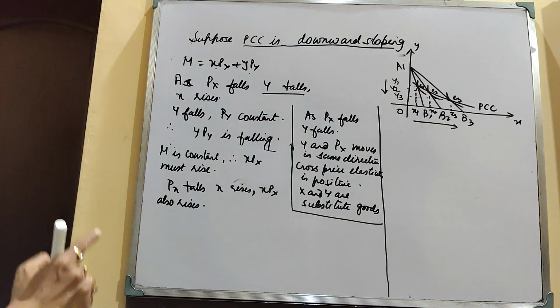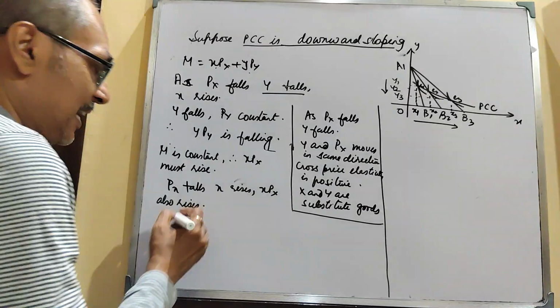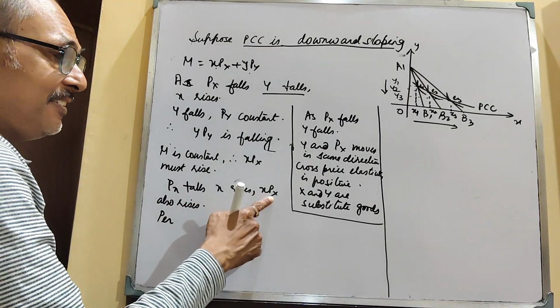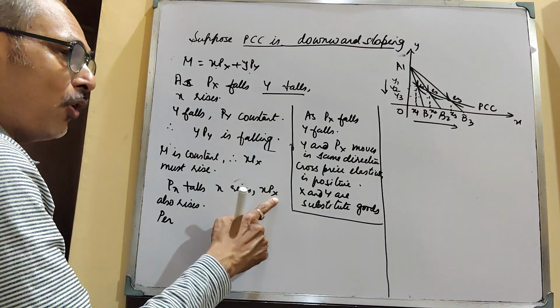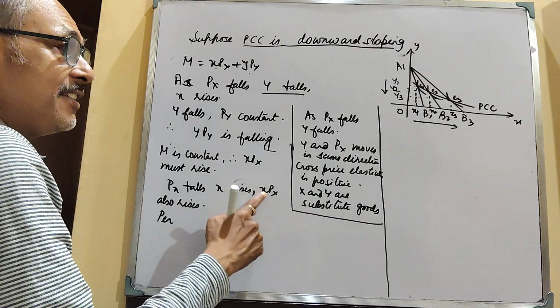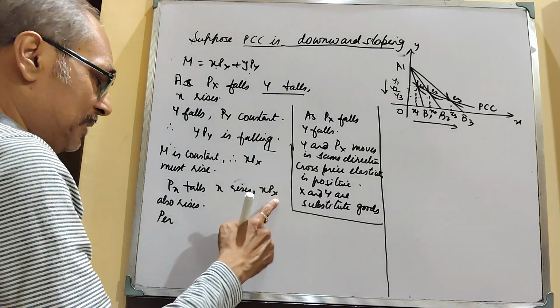That is, the percentage rise in x is greater than the percentage fall in Px. Because the product is rising, one variable is falling, Px is falling, x is rising. Therefore, the rise in x must be stronger than the fall in Px.